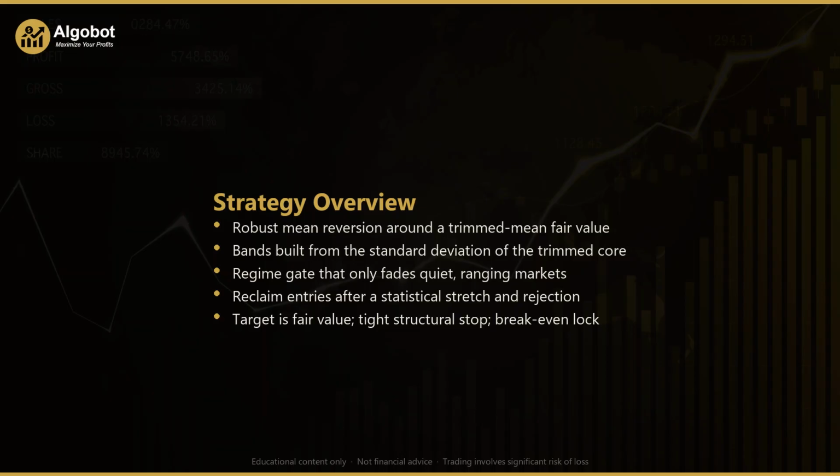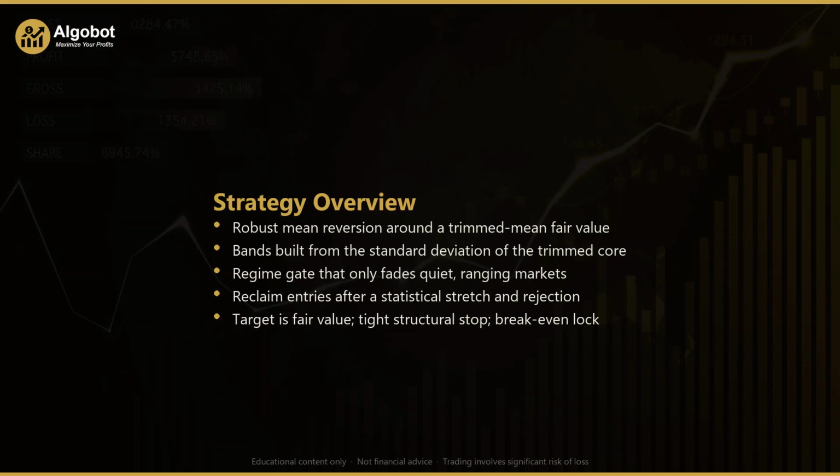Most reversion bands, like Bollinger Bands or envelopes, anchor on a simple or exponential moving average. The trouble is that a single spike bar or a sharp news candle can drag that average around, which smears the estimate of fair value and also inflates the band, so genuine stretches stop looking extreme. This strategy takes a different approach.